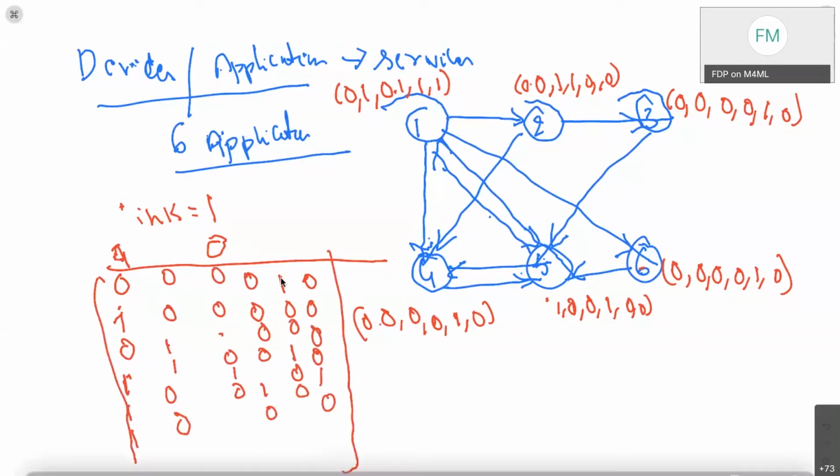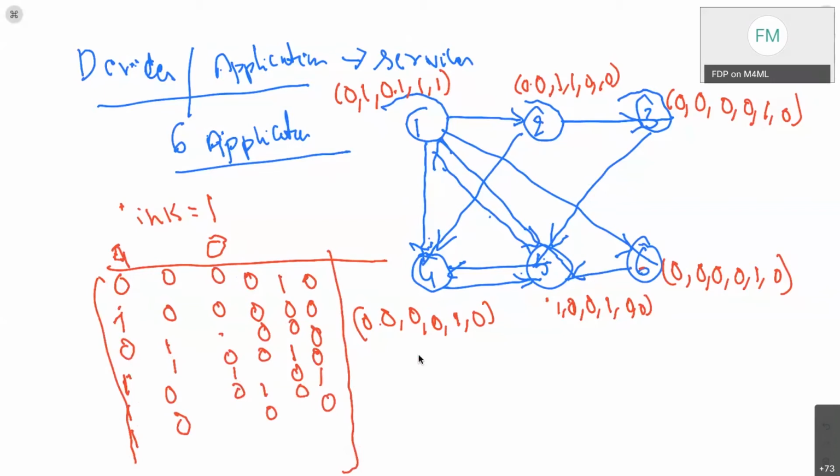Now what we are trying to do here is find the most relevant applications, which are providing a specific service, right? The best method is going for a probability. For example, application 1 has, out of six application links, only 4 possible, right?